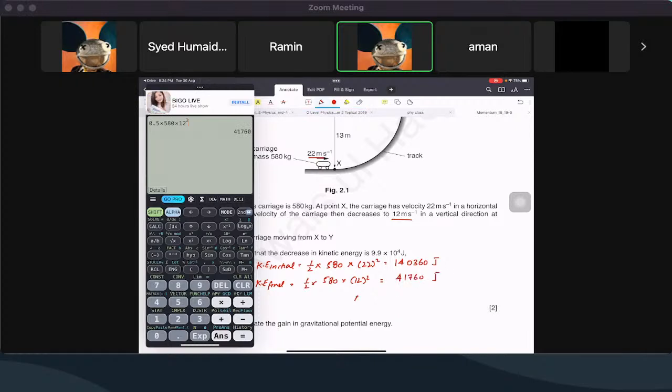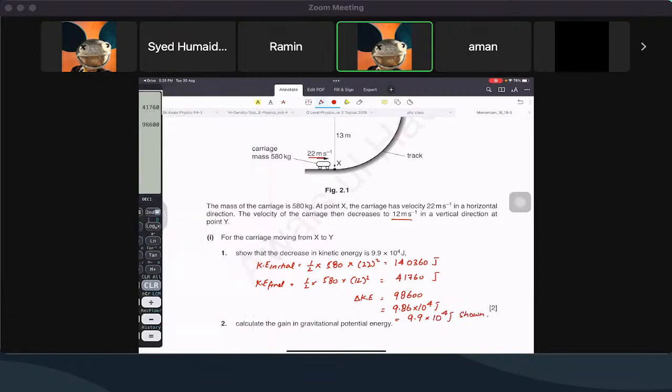So the change in kinetic energy is, subtracting them, 98600, which is 9.86 times 10 raised to power 4, which rounded to two significant figures would be this, hence shown. Is it clear, everybody?